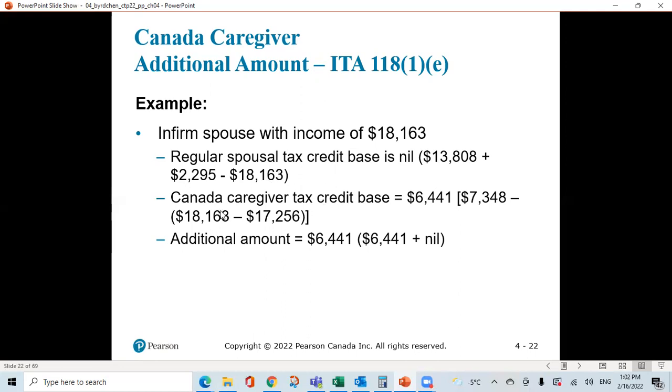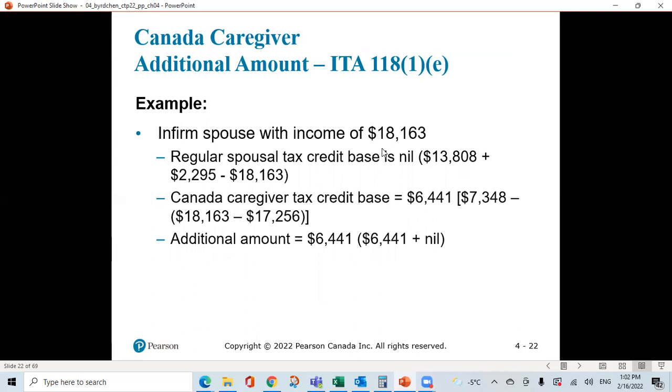Now we're going to move on to the Canada Caregiver tax credit base. We use 7,348, deduct the difference between the income of 18,163 and 17,256. So that's the difference, and we use the 7,348 to deduct the difference.